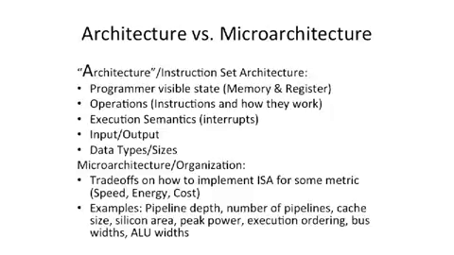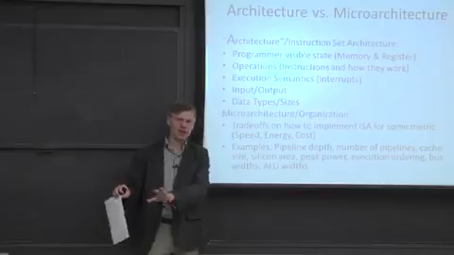So for instance, something like Intel's x86 is an instruction set architecture. And there's many different microarchitectures or implementations. There's the AMD versions of the chips, and then there's the Intel versions of the chips, and even inside of the Intel versions of the chips, they have their high-performance version for, let's say, a server or a high-end laptop, which looks one way.